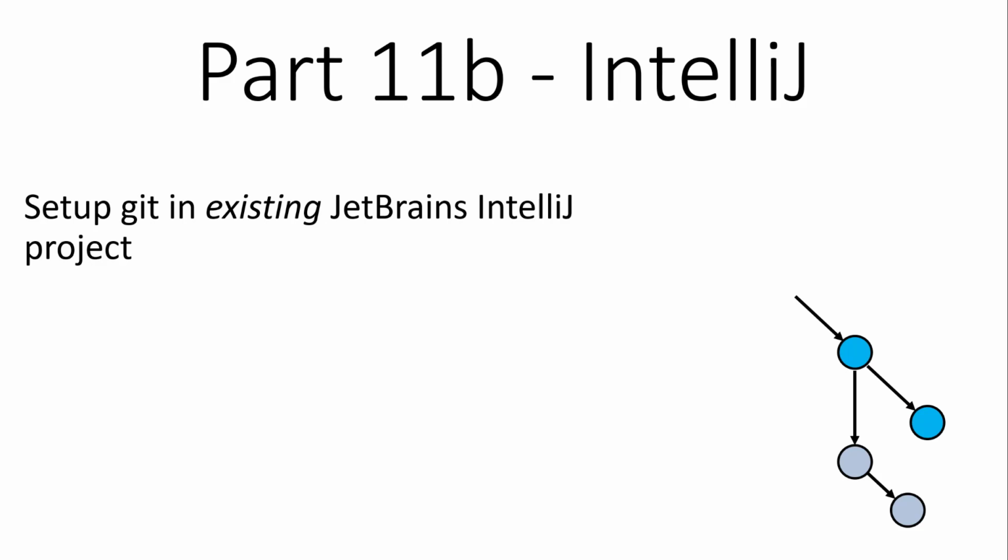It's showing off the Maven build instead of the IntelliJ build system, but if you have an existing project with the IntelliJ build system, you just need to put the same kind of files under version control. That means all your class files, and then there was this .idea folder which had a few things in it.